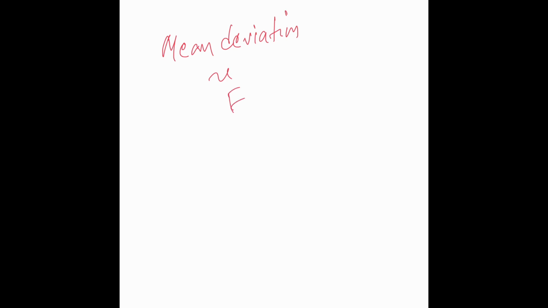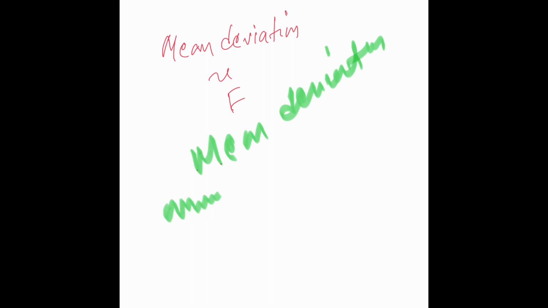So when simple variables and frequencies are given, then what is the formula? Here too you have to find mean deviation about mean and mean deviation about median.